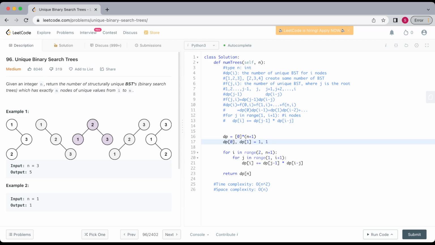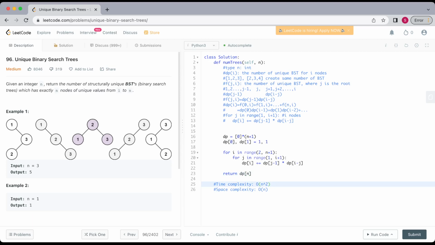Then we have dp[0], dp[1], dp[2] until dp[n] by using this 2-layer for loop. And then for n nodes, we will have the result dp[n] and return it. In this way, we solve this binary search tree problem by using dynamic programming algorithm.